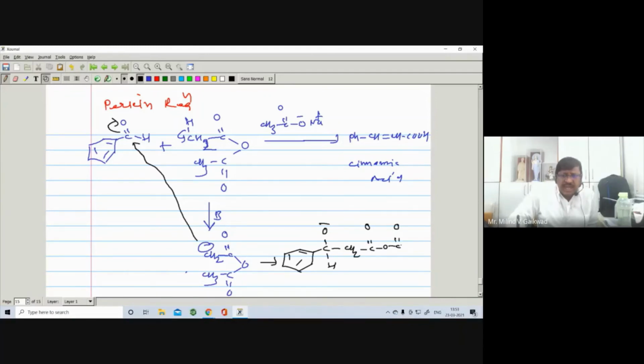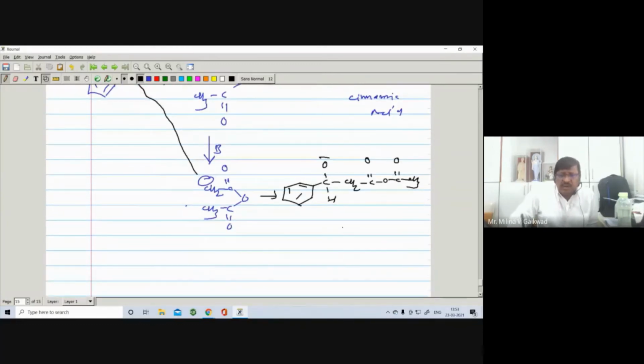So you get such type of alkoxide, and further this alkoxide undergoes protonation, and you are getting the corresponding OH group. Here is a benzene nucleus, here is a CH, then OH, here is a CH, then C double bond O, here is O, C double bond O and CH3, right?